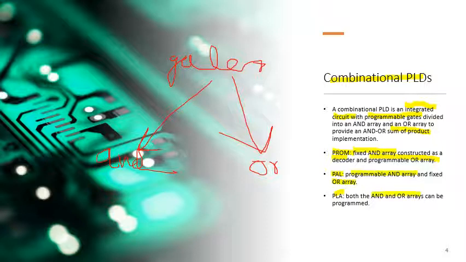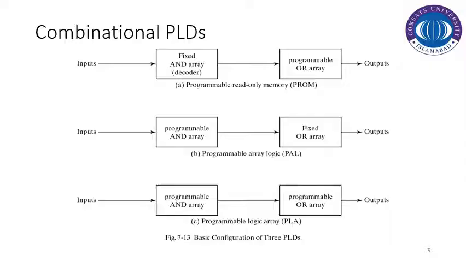We can summarize this with this diagram: the combinational programmable logic devices are distributed into three categories. The first category is the programmable read-only memory, PROM, in which the decoder is fixed, or we can say the AND array is fixed, whereas the OR array is programmable. In PAL, programmable array logic, we have the programmable AND array, but the OR array is fixed.